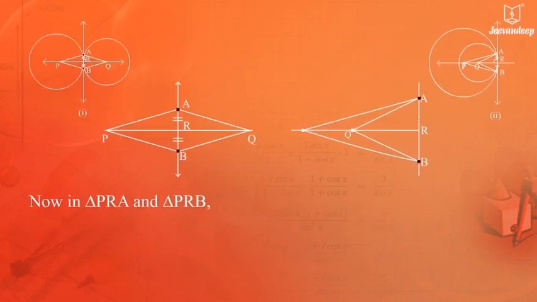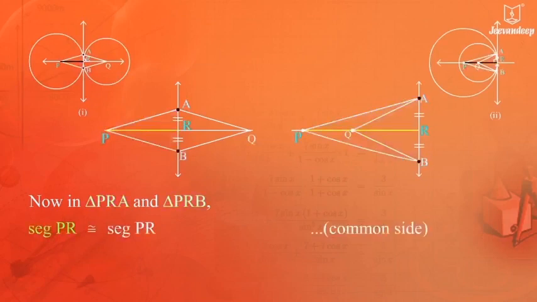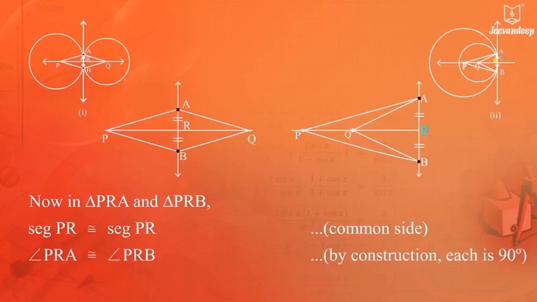Now, in triangle PRA and triangle PRB, segment PR is congruent to segment PR, being the common side for the two triangles. Angle PRA is congruent to angle PRB.